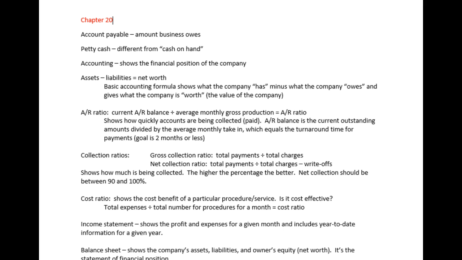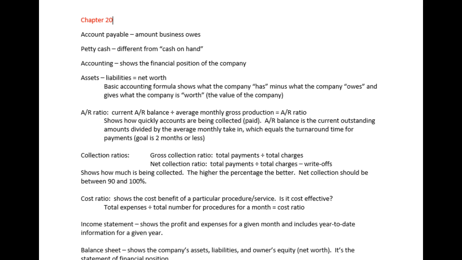So then they have the assets minus their liabilities, which gives them their net worth. So assets are what they own, liabilities are what they owe, and that equals their net worth. So the basic accounting formula shows what the company has minus what the company owes and gives what the company is worth, so the value of the company.